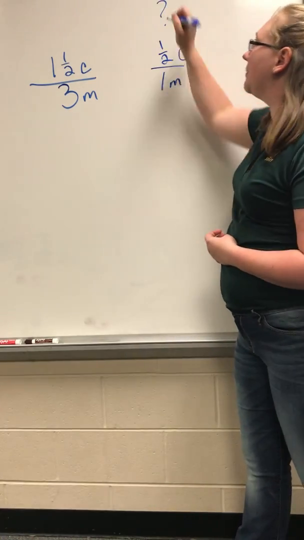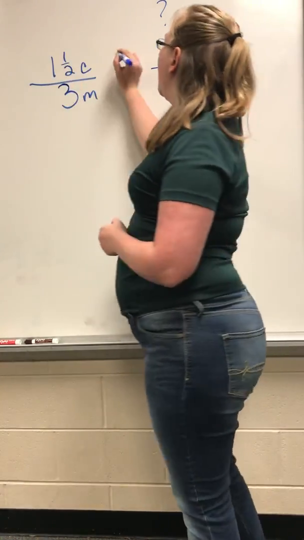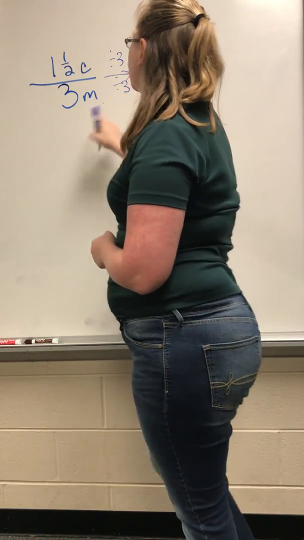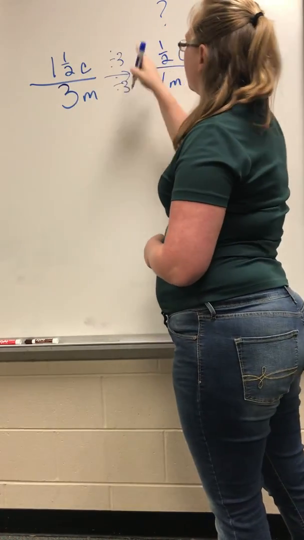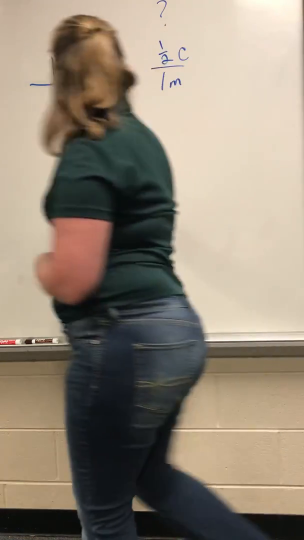I'm going to put a question mark above that because we're going to check it. If we take 1 1/2 and we divide that by 3, because that's what we did to get from 3 mix down to 1 mix, 1 1/2 divided by 3, that should give us a half. Let's check it down below.